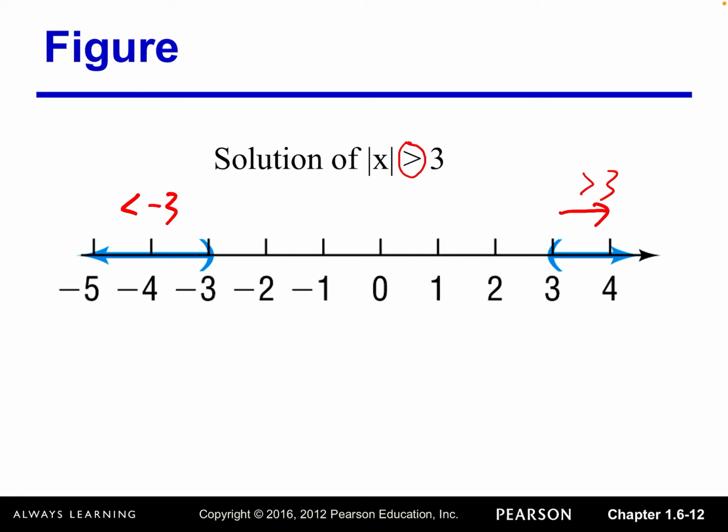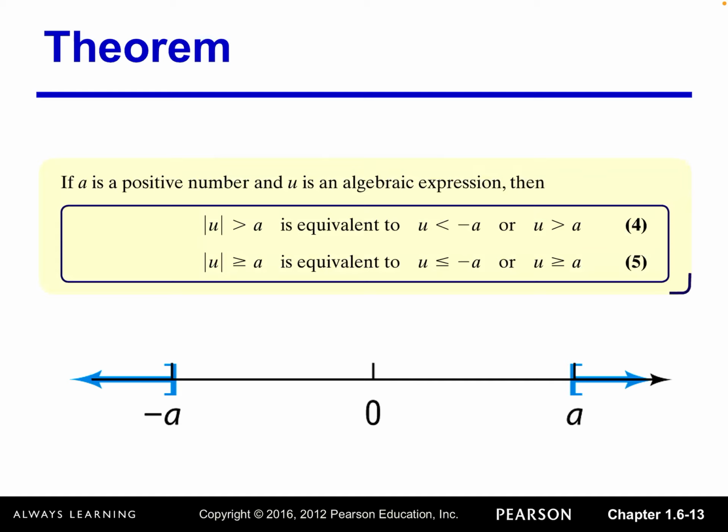So the distance away from 0 is more than 3 units, and it does not include the boundary because there is no equal sign. All right, from this one, let's look at a theorem.